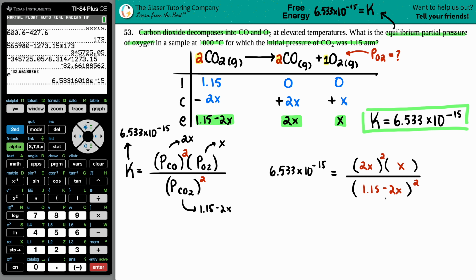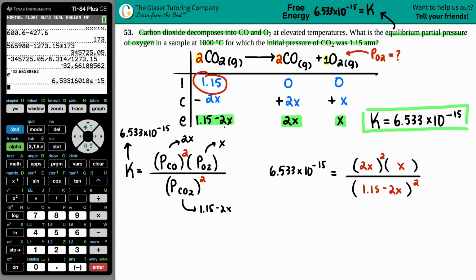Now, keep in mind that whenever you see minus x, minus 2x, we try to negate that. Now, how do we justify that? Because this K value is so small, it's 10 to the negative 15th, that means that at equilibrium, you're going to have mostly reactants.